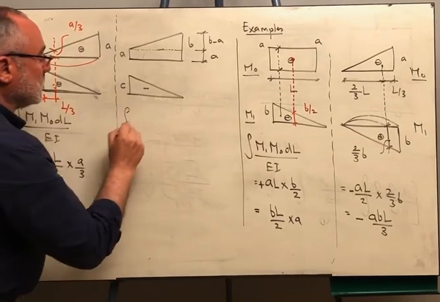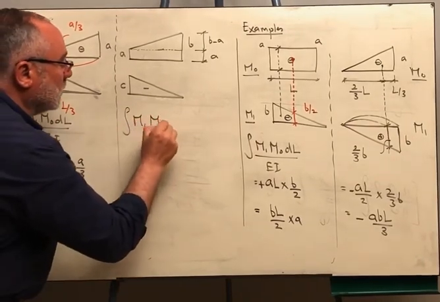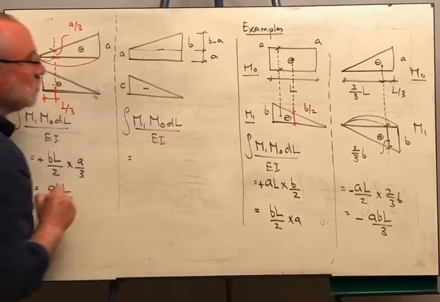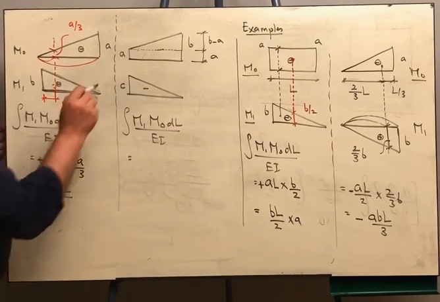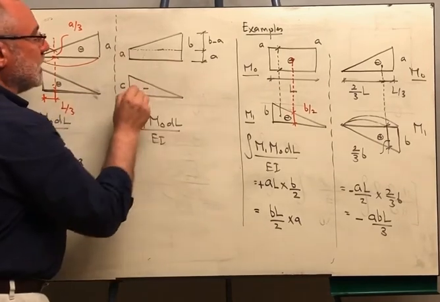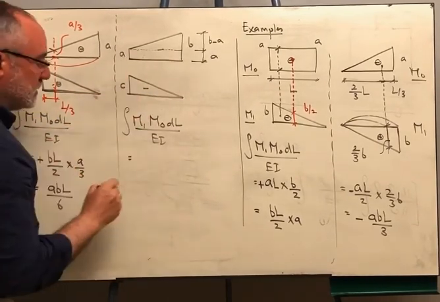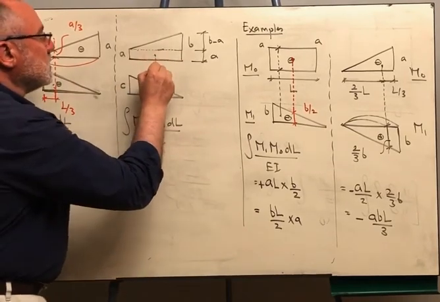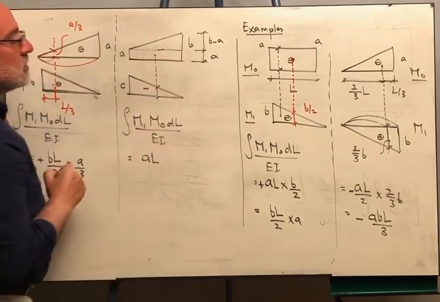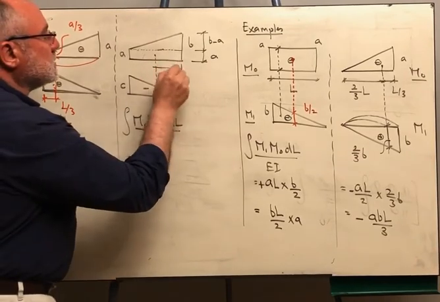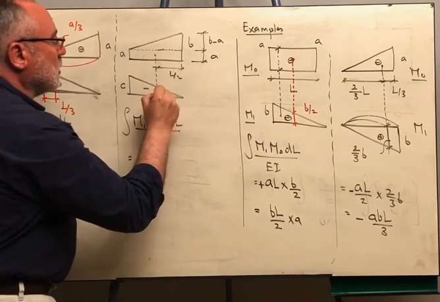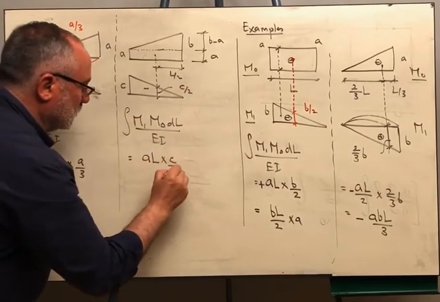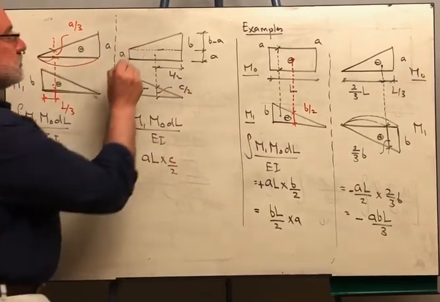So if you want to get integral M1 M naught dl over EI, this will be equal to, let us integrate first the rectangle on the triangle. The rectangle, its area is AL. The centroid is here. The respective ordinate is in the middle. This distance is L over 2. So this should be C over 2. Okay.